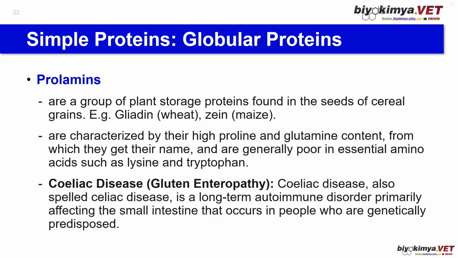And celiac disease, which is a gluten enteropathy, is a long-term autoimmune disorder primarily affecting the small intestine that occurs in people who are genetically predisposed.